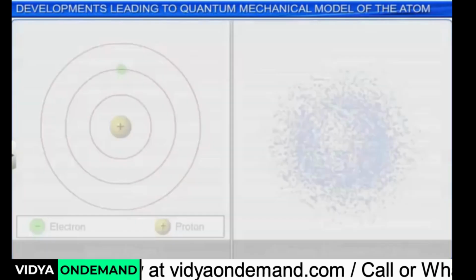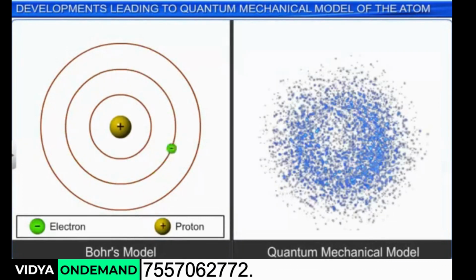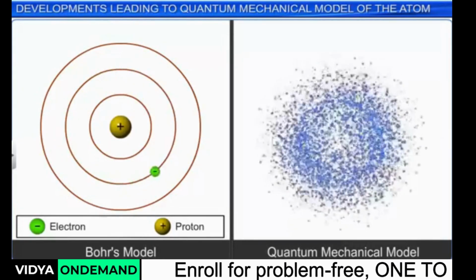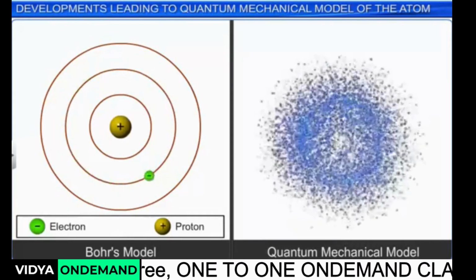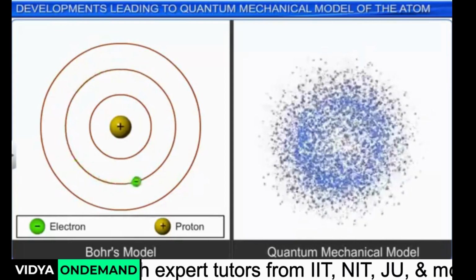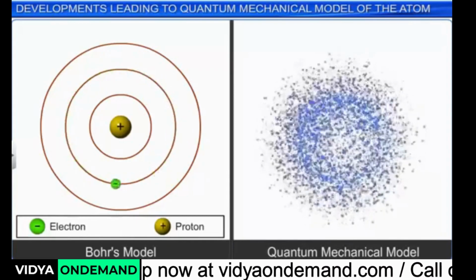Due to these inherent weaknesses in the Bohr's model, a need for such an atomic model arose which could account not only for the dual nature of electrons, but also be consistent with the Heisenberg uncertainty principle. This search led to the advent of quantum mechanics.